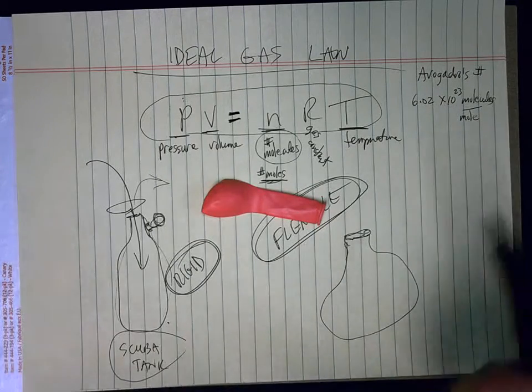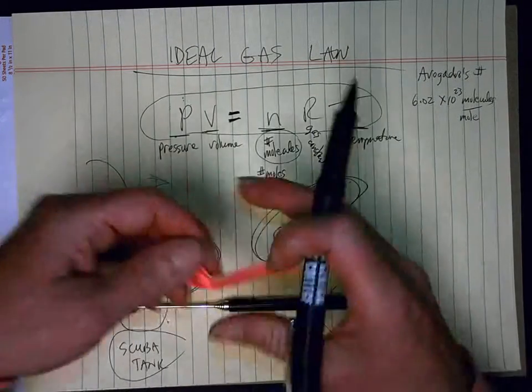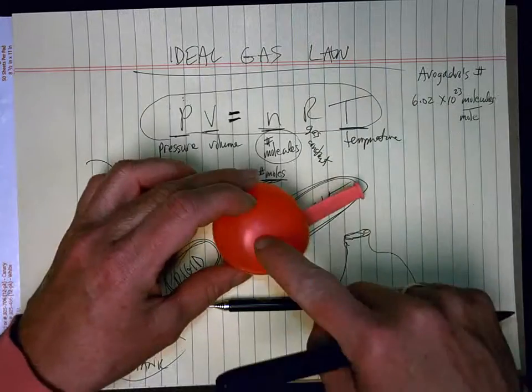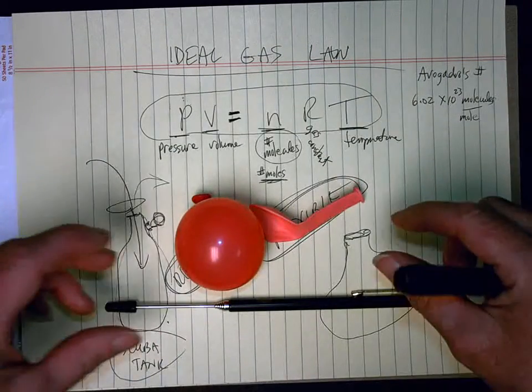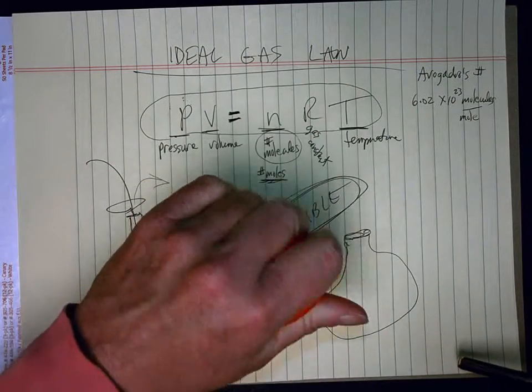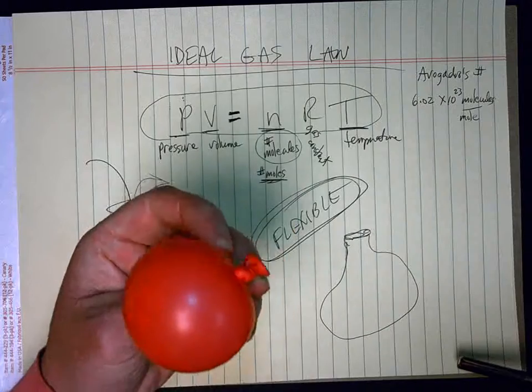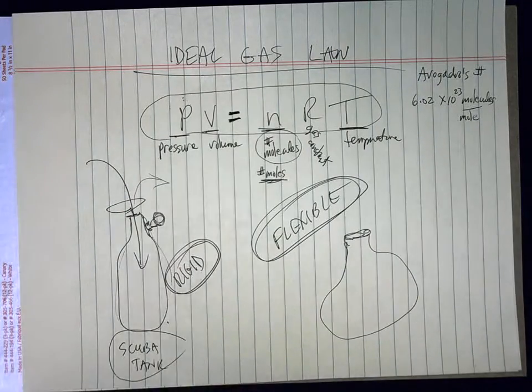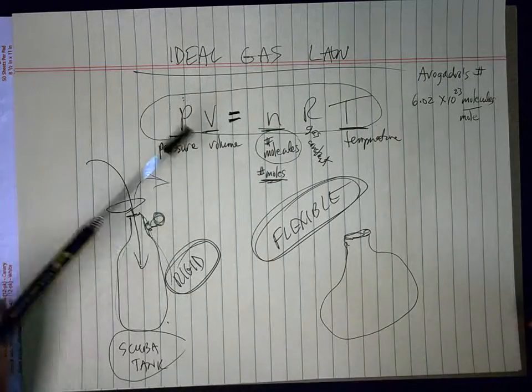But if you start to blow it up, the volume is very small. If you blow it up, the volume of the balloon changes. The way you look at that with the ideal gas law, until you get to a certain point, the pressure is not going to change a whole lot. At some point, the pressure will change, and you can even burst it. But with a flexible container, the volume usually changes more than the pressure.